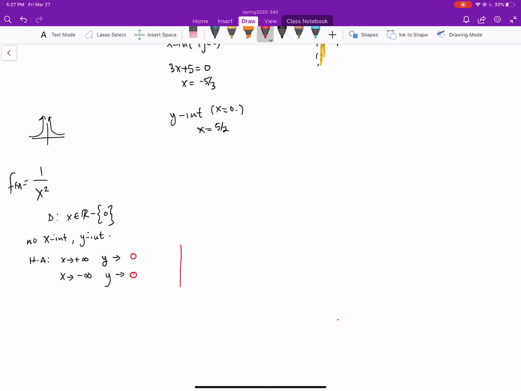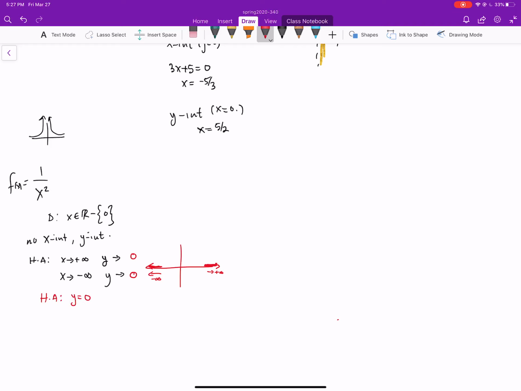So when you graph that function, as you're going to positive infinity and negative infinity, it looks like the graph should be tapering close to the line y equal to 0. The question is, is it above or below? That's what we don't know yet, but we know for sure that it's getting close to the line y equal to 0. So here we have a horizontal asymptote at y equal to 0.